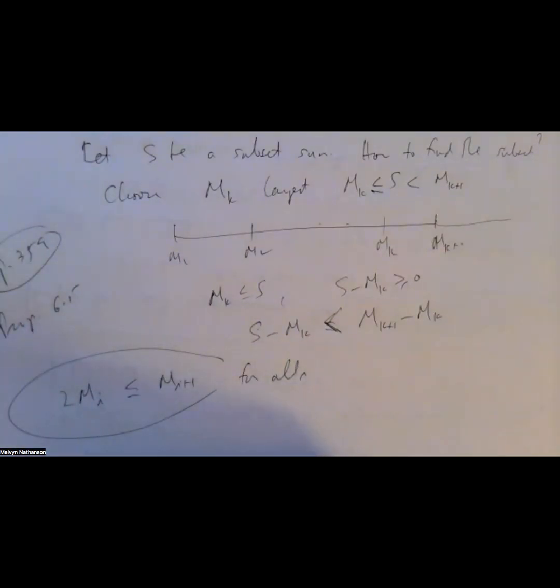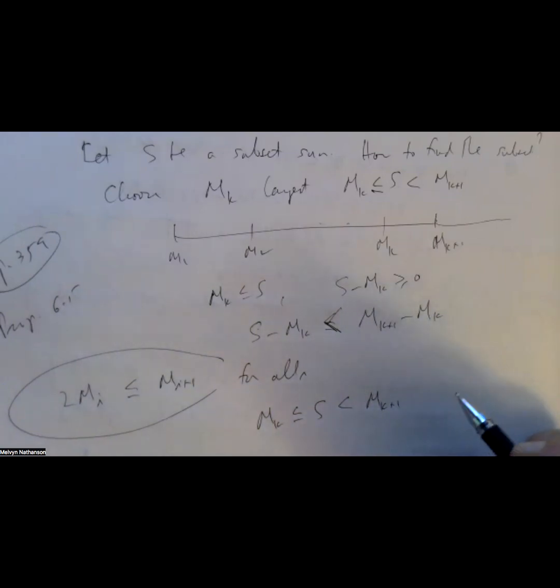So we choose the largest number k such that m sub k is less than or equal to s, which means s is less than m sub k plus 1. And I claim that s minus m sub k is in fact less than m sub k.